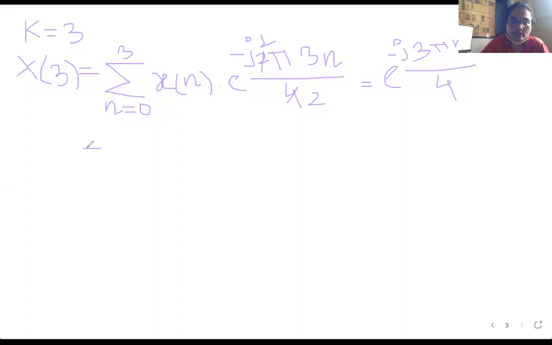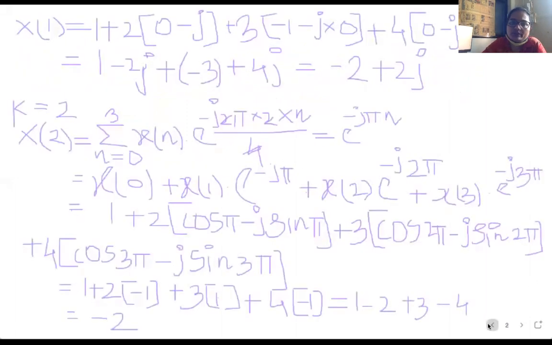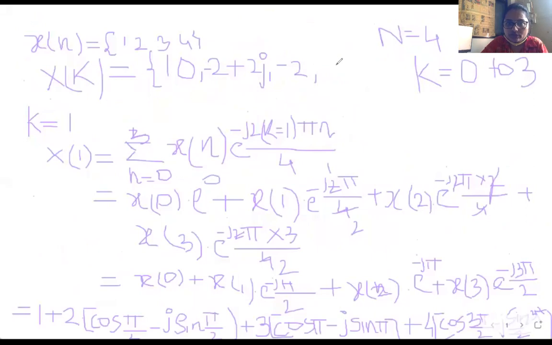So this is the exercise for you. Calculate this output. I'm going to give you the output. The output will be -2 -2j. So let us find out whether you are getting this or anything else, right? So the x of 3 point you should calculate. So x of 3 will be equal to -2 -2j.